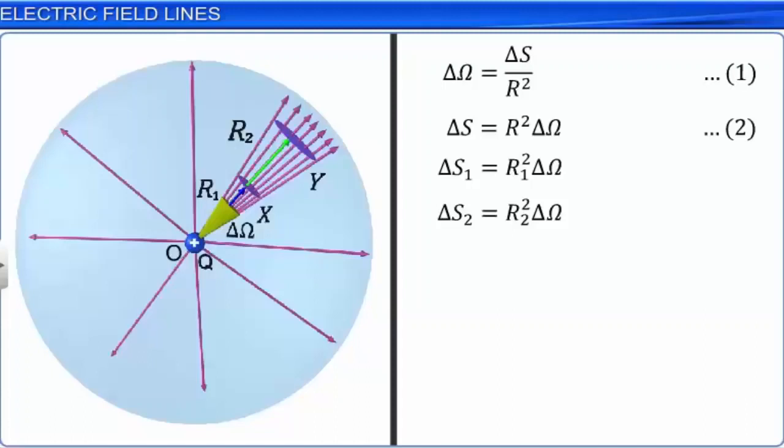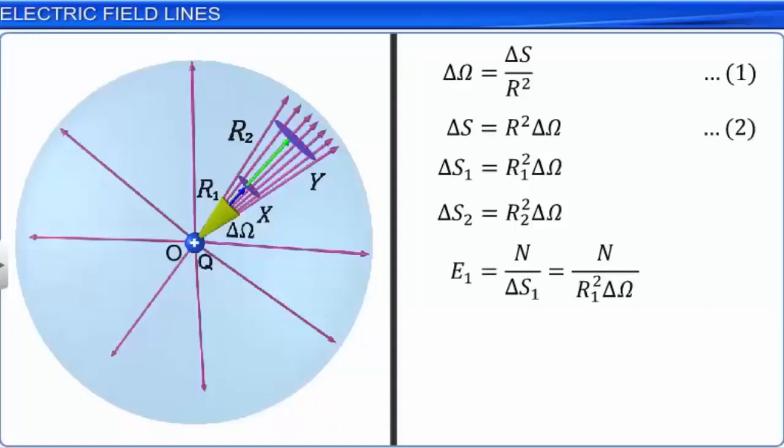The number of field lines passing normal to a unit area is equal to the electric field strength E. Therefore, the electric field strength E1 at x will be equal to number of field lines per unit area at x, which is equal to n by delta S1 or n by r1 squared into delta omega, using the value of delta S1.